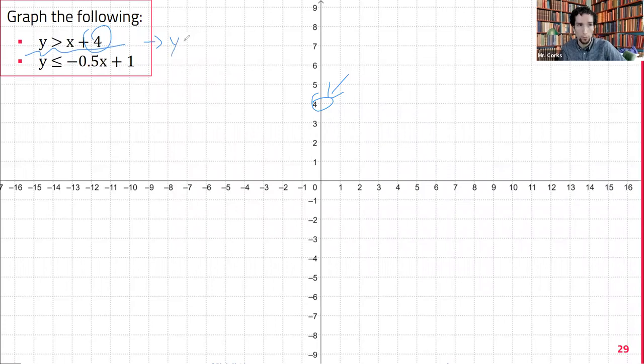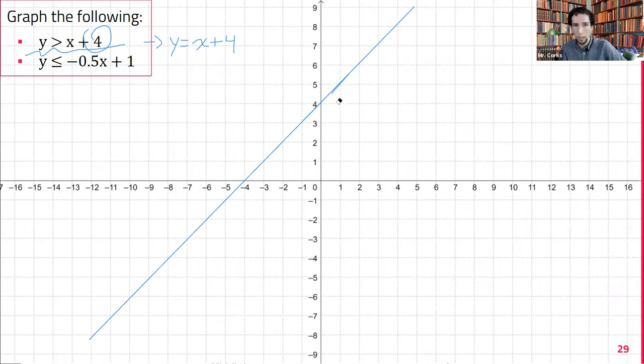So the first step is to imagine that it's just an equation, y equals x plus 4. So slope is 1, y-intercept is 4. That's going to give us this line, going in both directions. Okay, so that's step number 1.